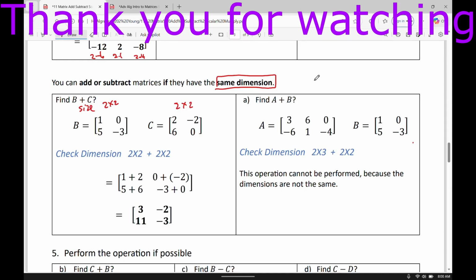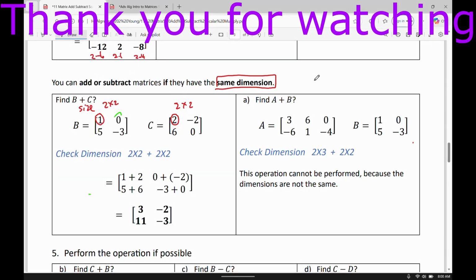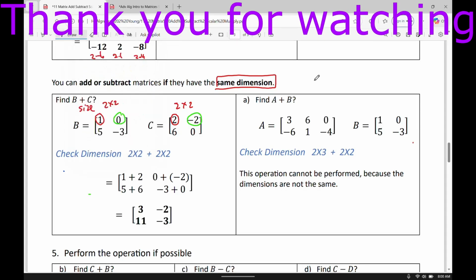To add matrices, we add accordingly, one entry at a time. So we're going to do 1 plus 2. We use different colors here. Then we do 0 plus negative 2. And then, in blue, we add 5 and 6.